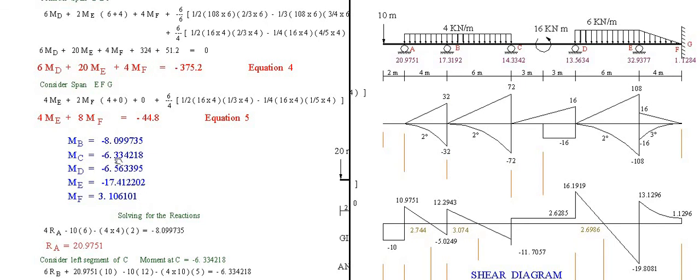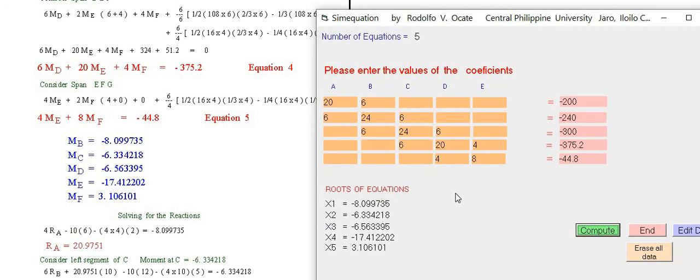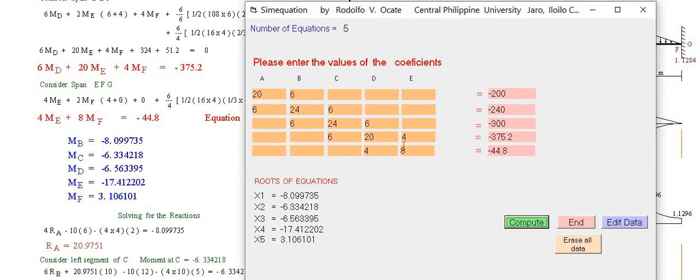Maybe you are wondering how to solve this. Okay, I have prepared here my tools for the moment. This is using the Gauss-Jordan simultaneous equation. Okay, compute. This is the solution.